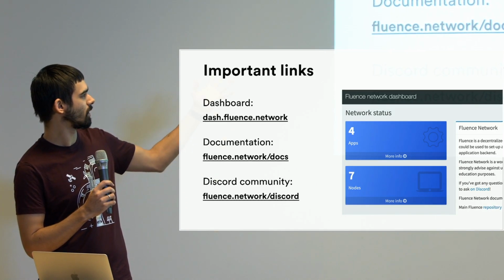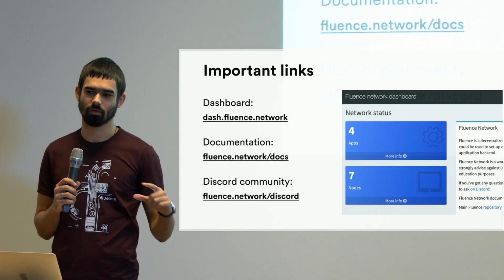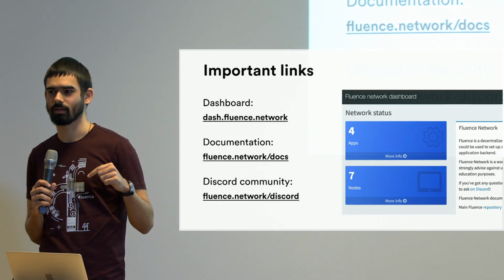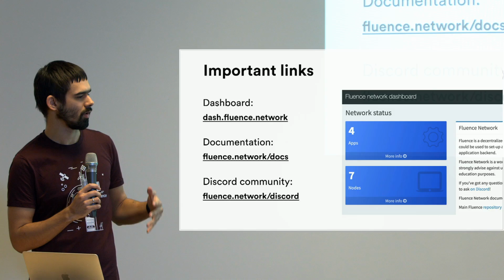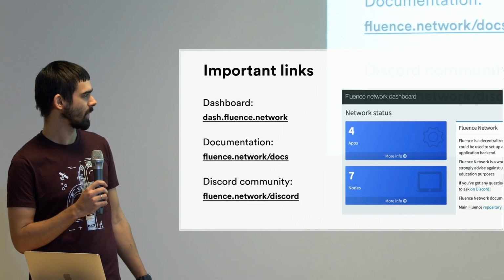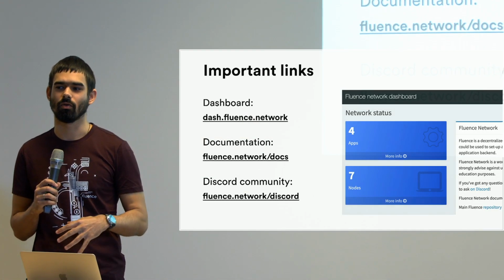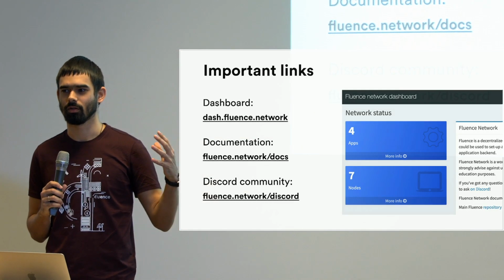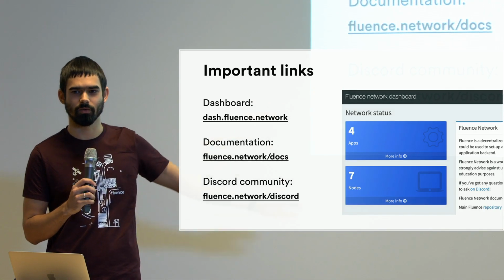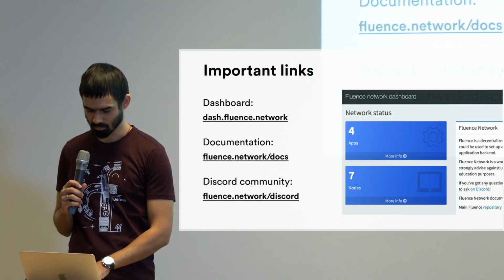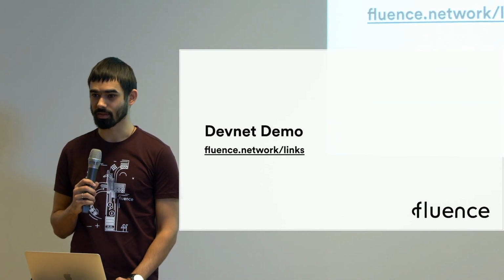We have the Fluence book, with tutorials and some in-depth insights of the design and of the workflow of application development. In case you have any questions regarding theory or applications, please join our Discord. Our development team is always here. That's all for the presentation.